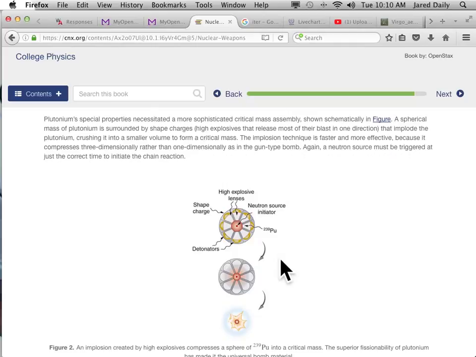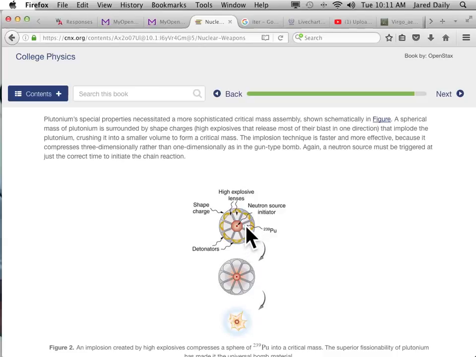In the implosion type bomb, they have the surrounding explosives, and they actually show it pretty well here, because there are different layers of explosives. The outside explosives, I believe, are slow explosives, and they're shaped specifically to explode inward.